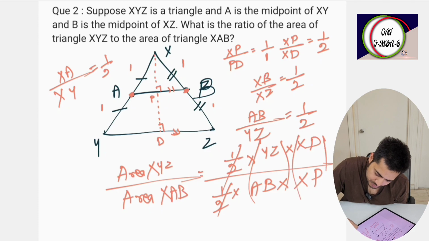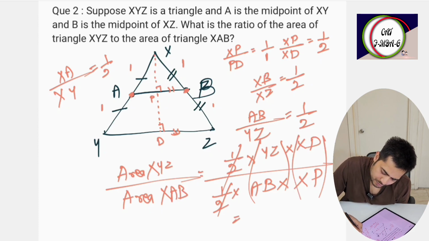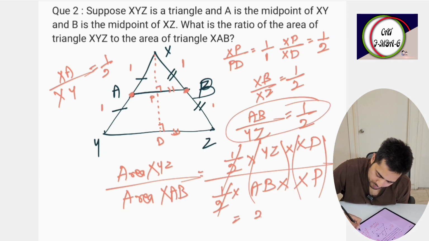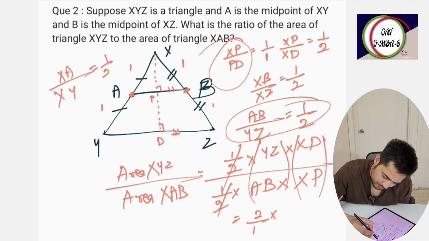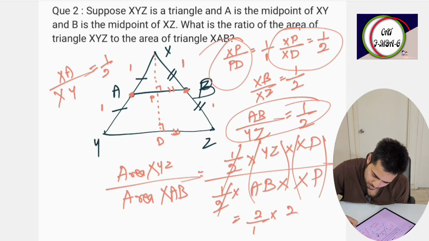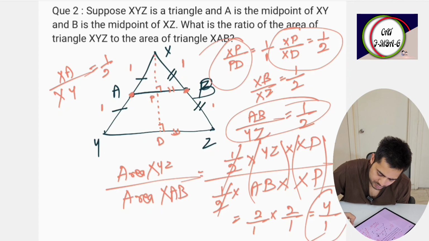Half gets cancelled. So YZ by AB is equal to 2 by 1 into XD by XP. From this, XD by XP is also going to be 2 by 1, so 4 is to 1 is the right answer.